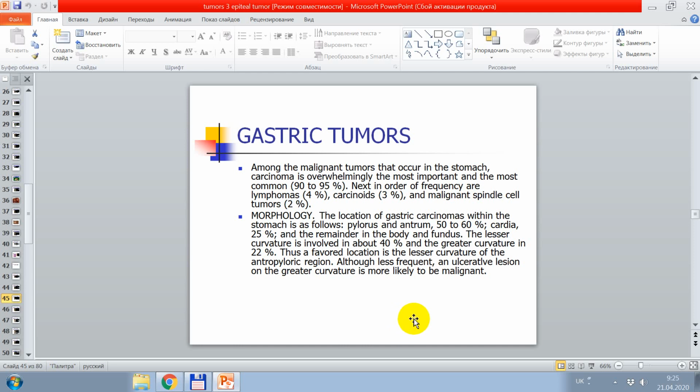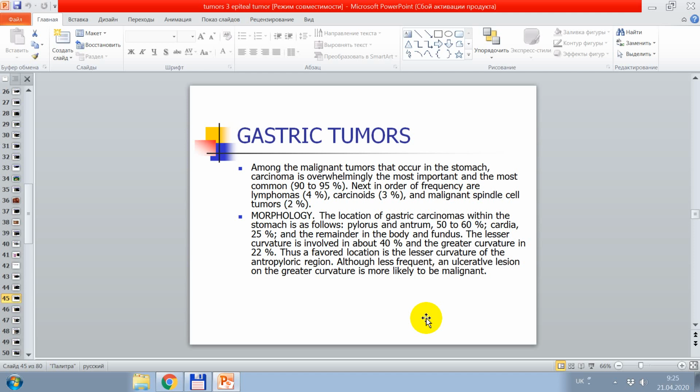Morphology of the tumor. The location of gastric carcinomas within the stomach is as follows: pylorus and antrum, 50 to 60%, cardia, 25%, and the remainder in the body and fundus.